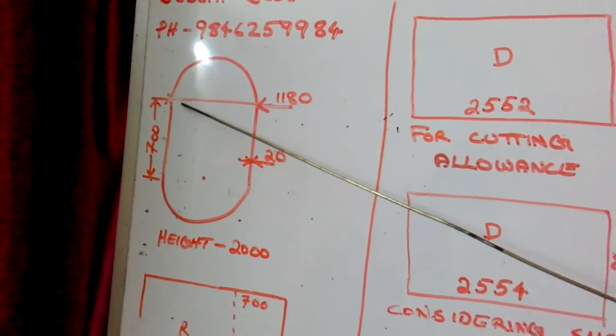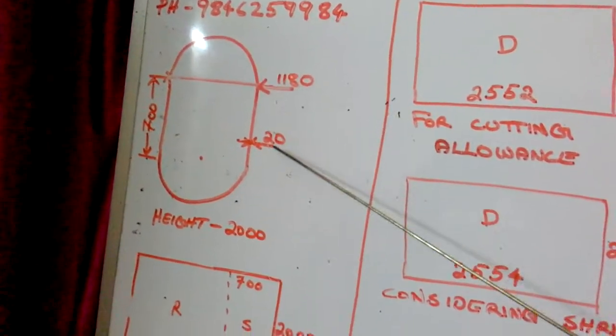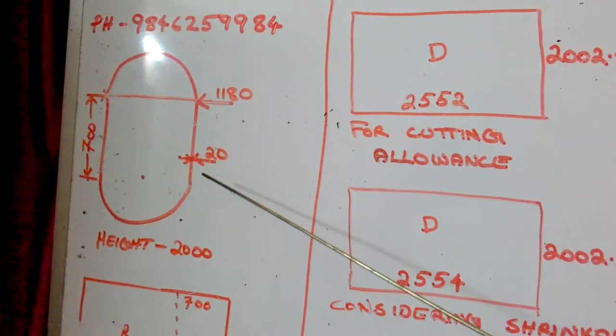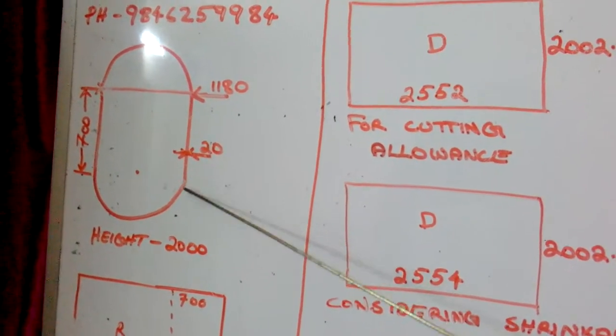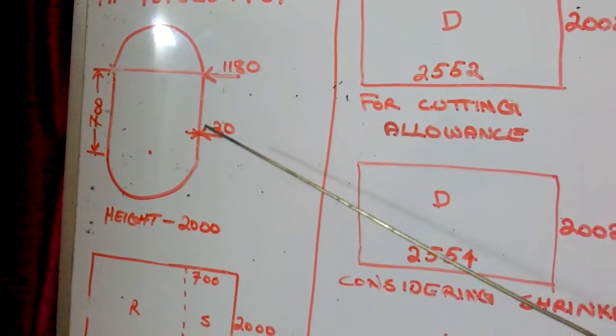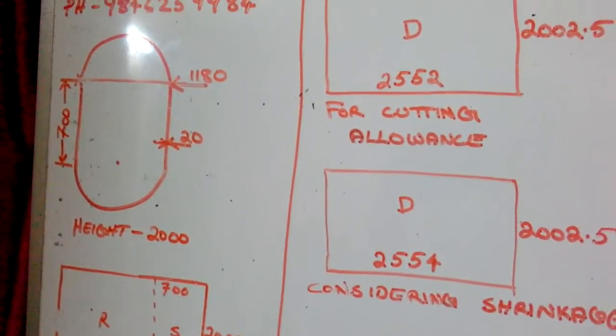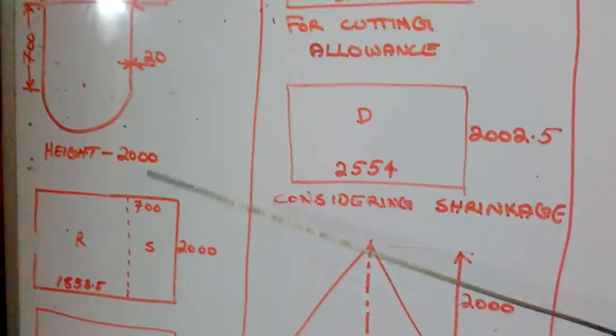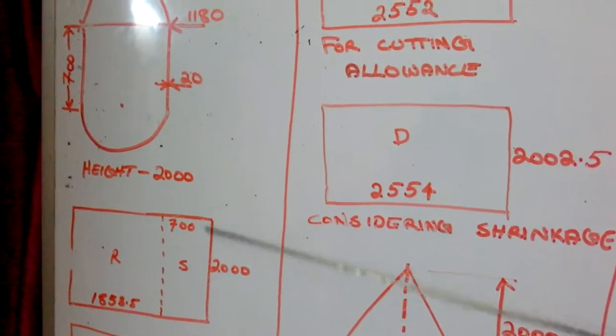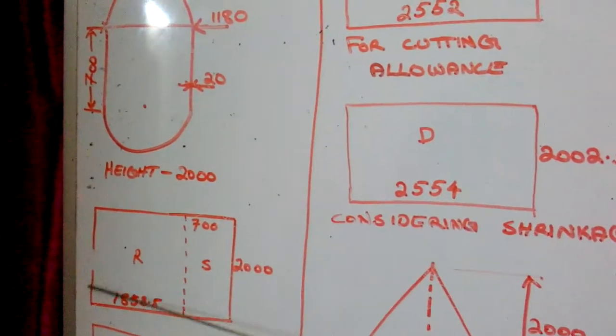It is a plan, so I can show its point only. If I had drawn its elevation or side view, I would have shown it like this. From here to here, welding comes. From here to here, welding comes.